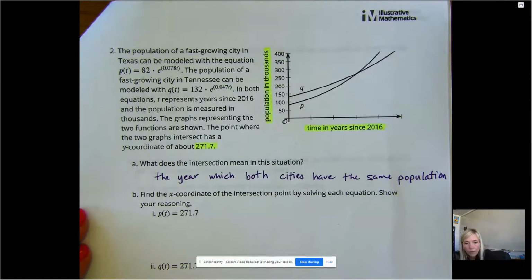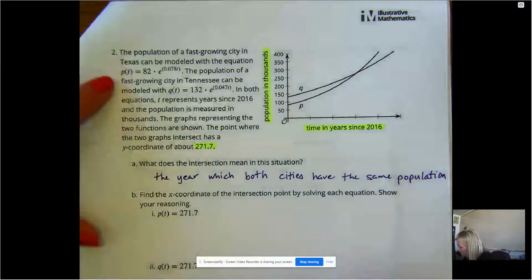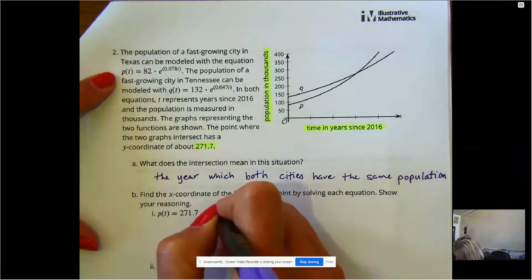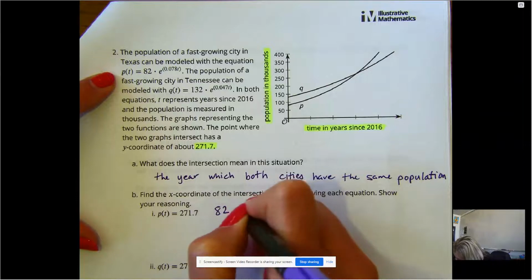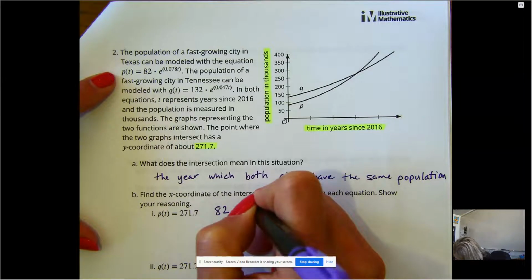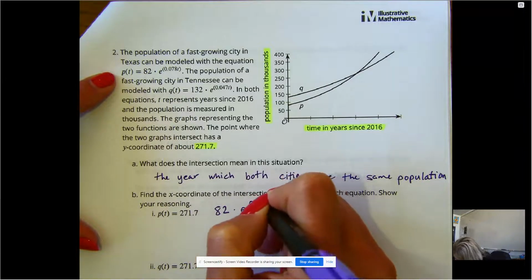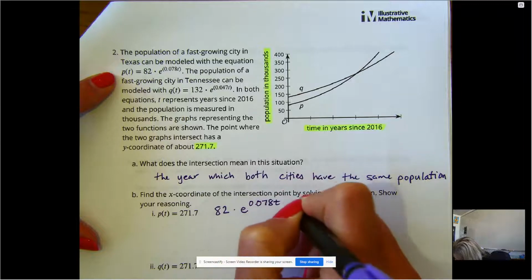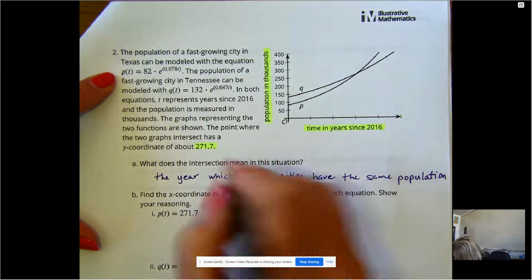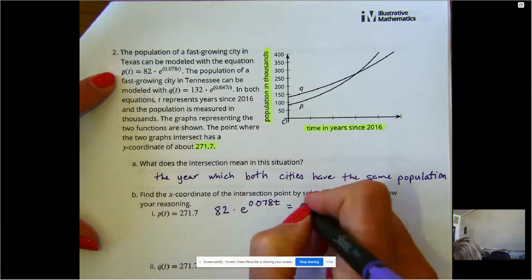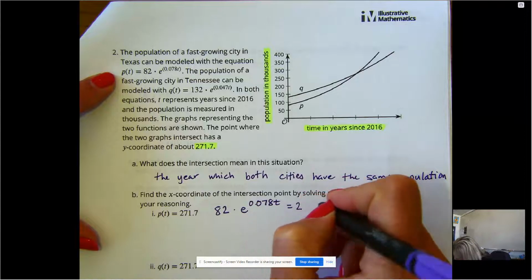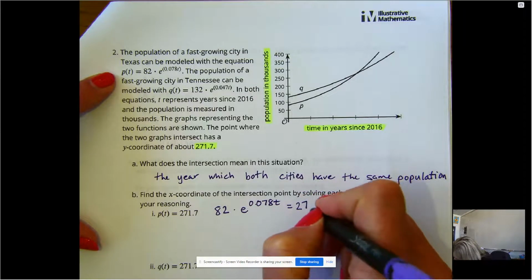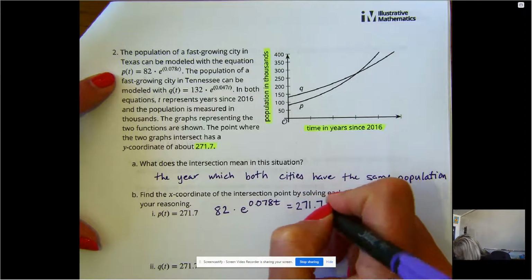Find the x-coordinate of the intersection point by solving each equation. Show your reasoning. So for function P, we're going to solve 82 times e to the 0.078t equals 271.7, because that is the y-coordinate at the point of intersection.